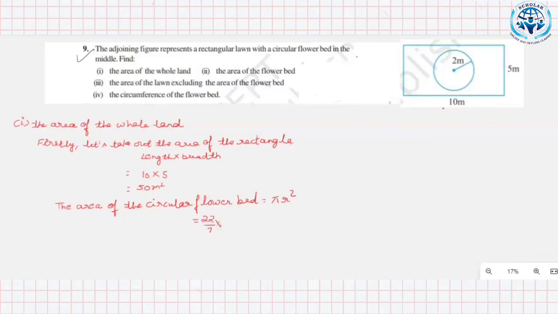The value of r is 2. So 22 by 7 into 2 into 2 is the area of the flower bed. (12.6 meter square).